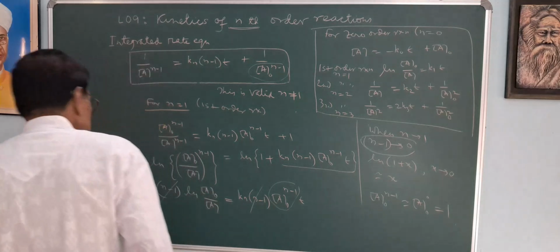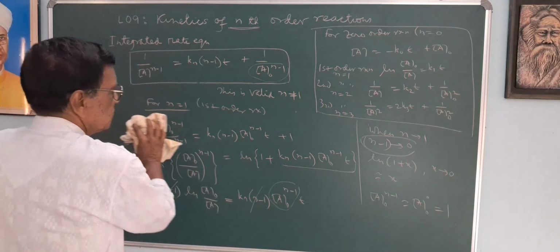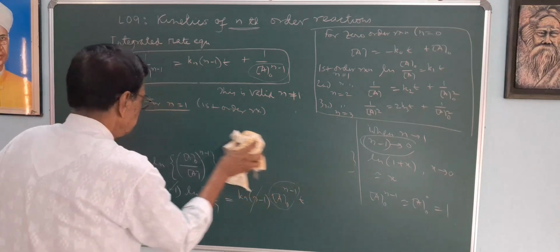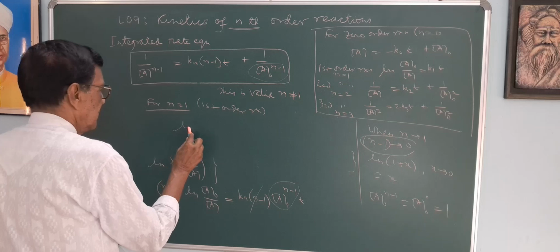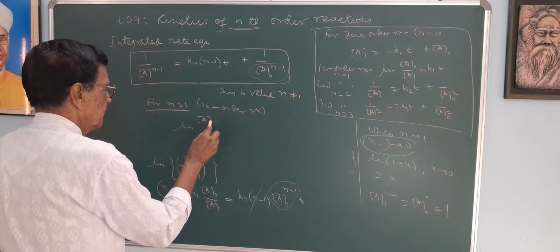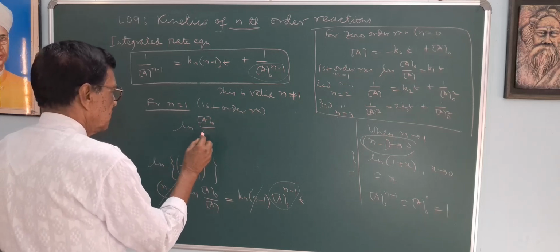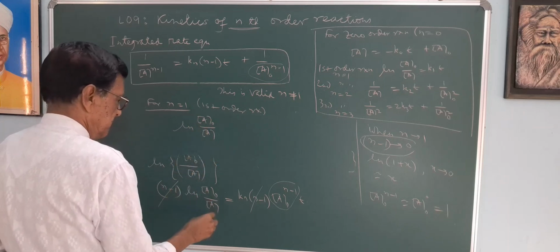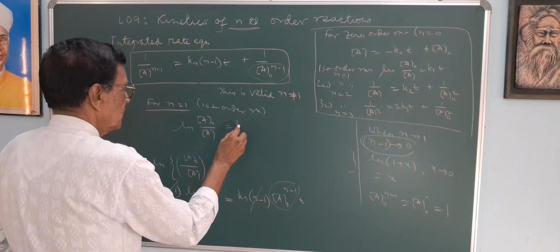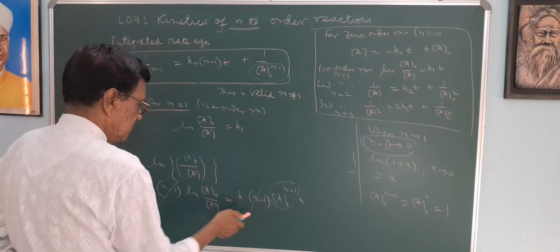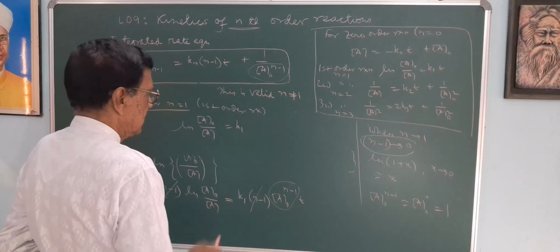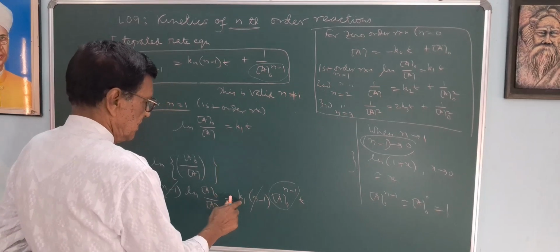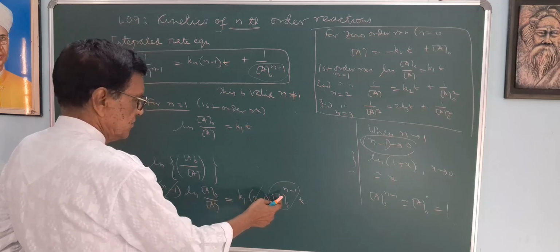So finally, first order reaction. For first order reaction, we got ln of concentration of A naught divided by concentration of A equal to K1 (here it will be 1) K1 and K1 cancels. This one equal to 1.